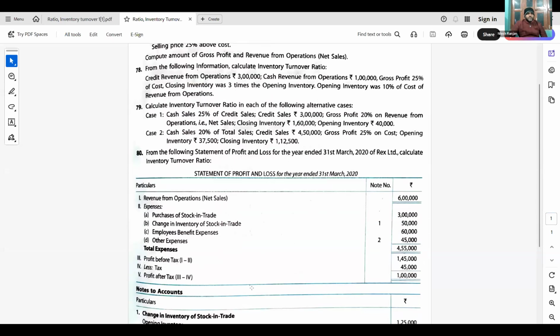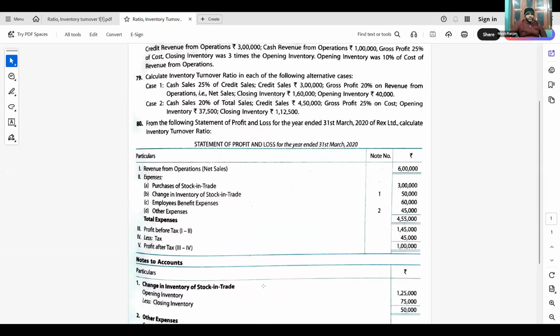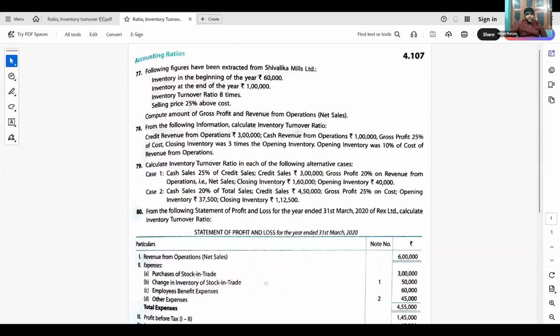Okay, so solve question number 78. I think this is also part of the homework. Read it and tell me if you can do it. I think most of the questions you can solve. You just have to accept that all these questions are easy for you.